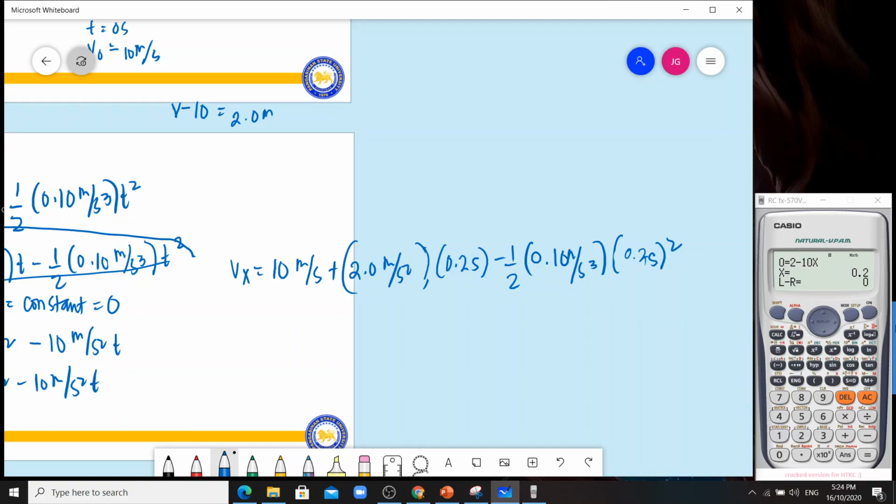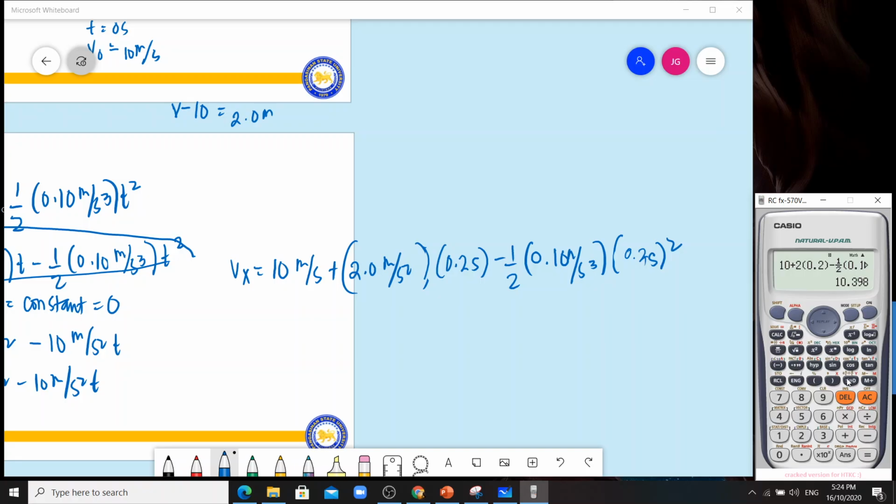Okay, so compute natin. 10 plus 2 times 0.2 minus 1/2 0.10 0.2 squared.